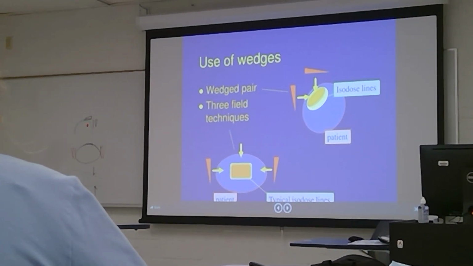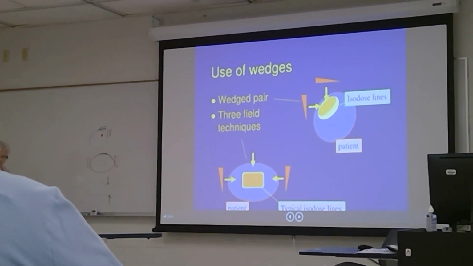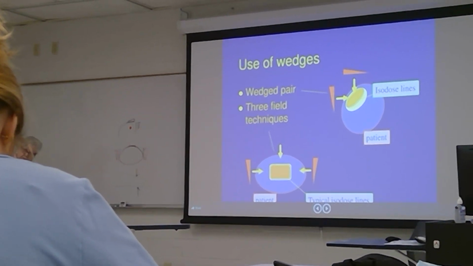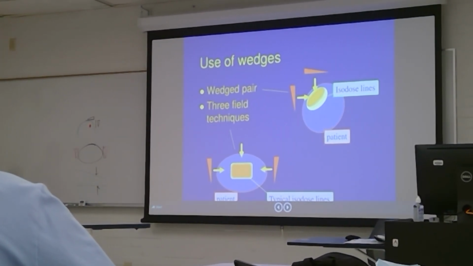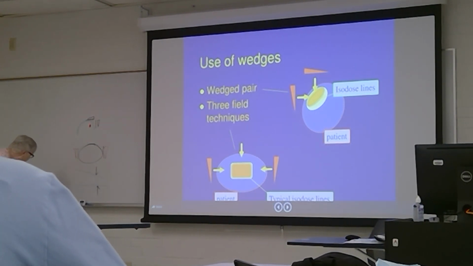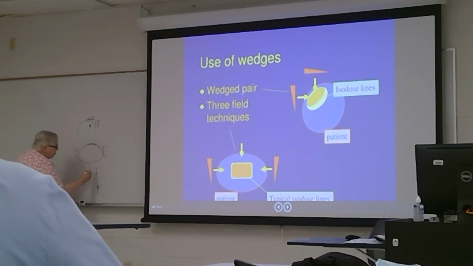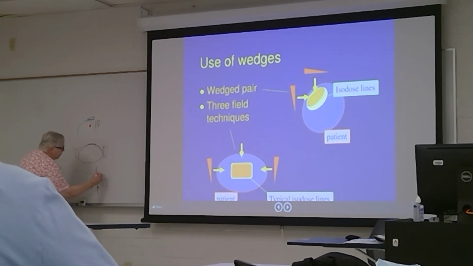So thick end where? On the surface? It's on the AP side, yeah, which way is it? Superior side. Superior, yep. Okay, so you have a wedge going this way because of the slope.